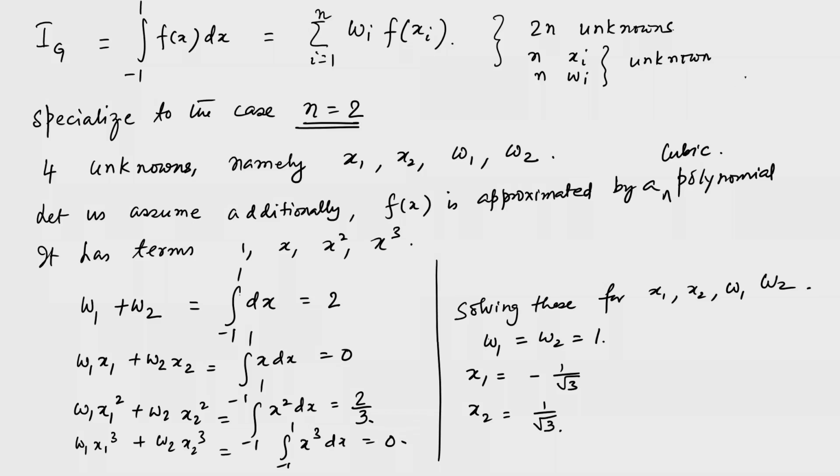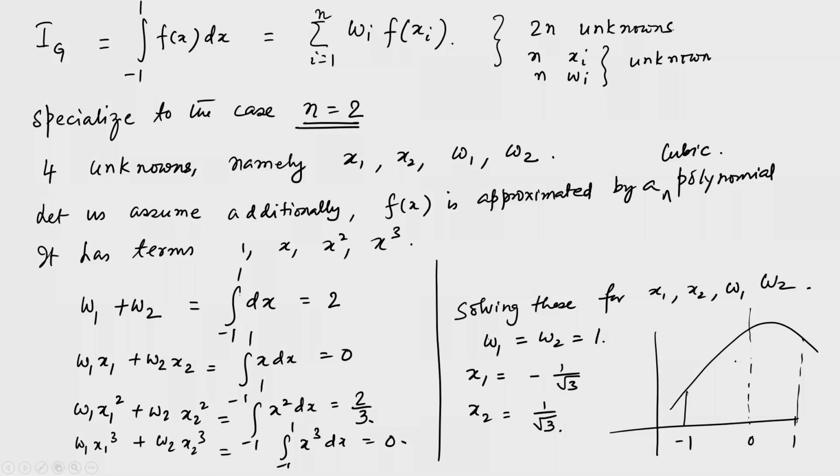So, if you have a function like this, and your integration is from minus 1 to plus 1, your 0 is now here. Now, 1 by root 3, the square root of 3 is 1.73 and so on.